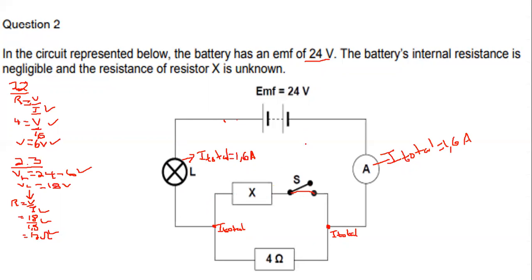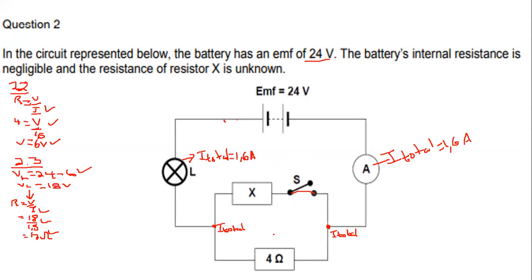Now, my dear learners, what we also realize here is that this switch was actually controlling that lane only, not the total current. That is why the circuit was still working even if it was open. Can you see that? It tells me that I have added a resistor in parallel.